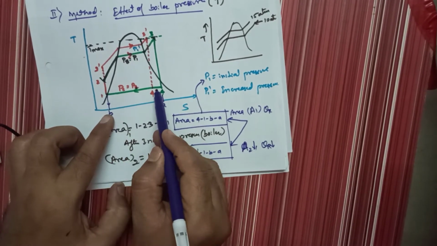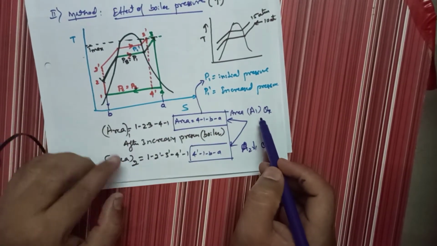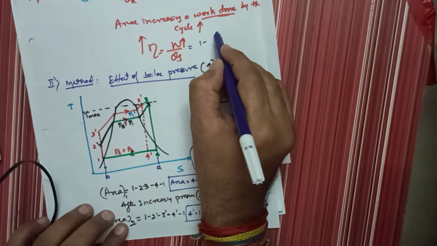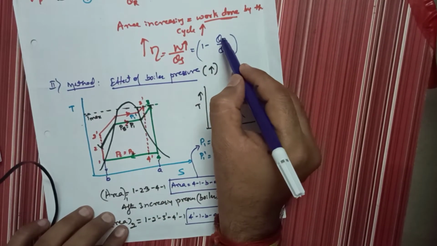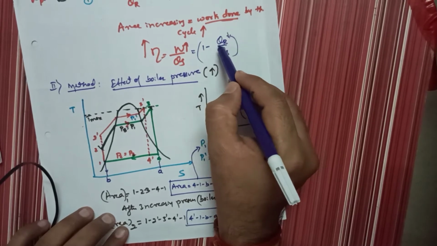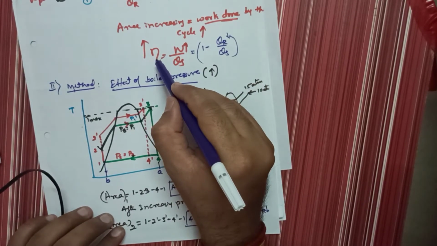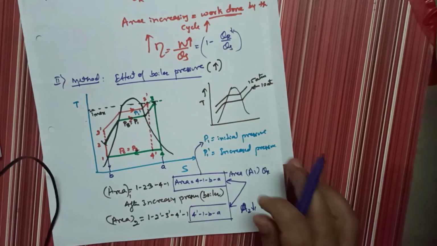Because it is the condenser, the heat rejected is less, the QR is less, and since the value of QR is less, in 1 minus QR by QS, that is the efficiency, the ratio will be less, and 1 minus a lesser value gives a higher efficiency. Understood? This is the effect of boiler pressure.